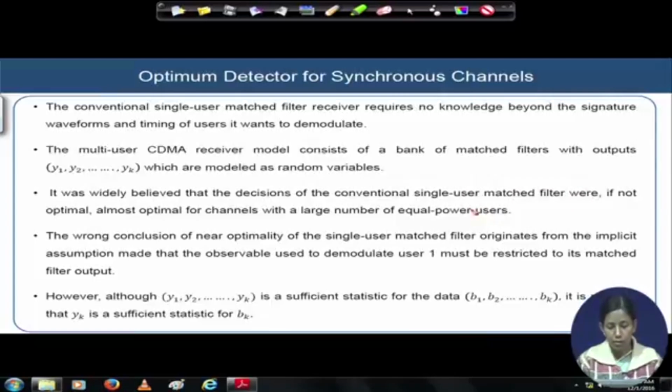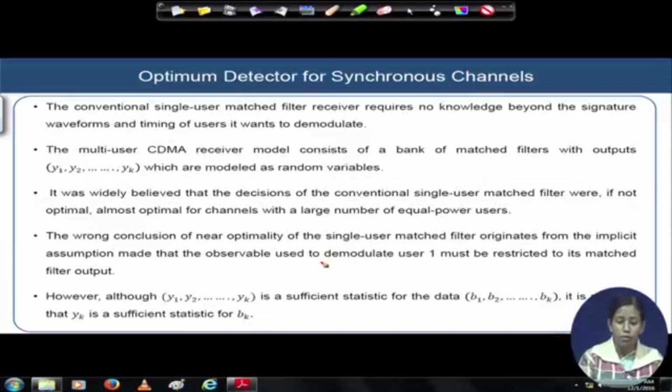This conclusion of near optimality of the single user matched filter came from the fact that people believed the observable used to demodulate, say, user 1 must be sufficient, and that the demodulation process for a typical user would be restricted to his own matched filter output only.